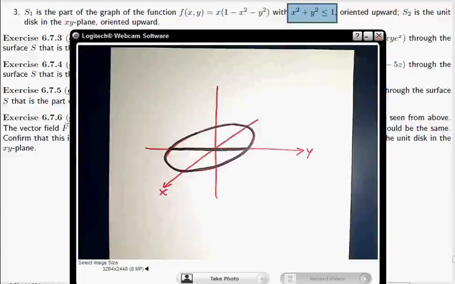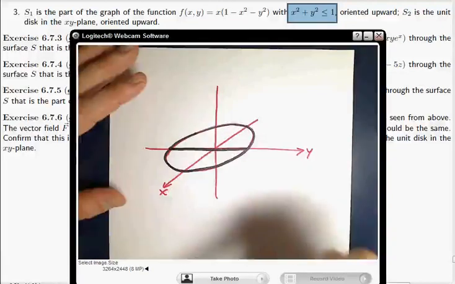Well, let's see here. When x is positive, note, by the way, that 1 minus x squared minus y squared is always positive because we're looking where x squared plus y squared is less than 1. So that second factor is always positive. So if x is negative, the function's negative. If x is positive, the function's positive.